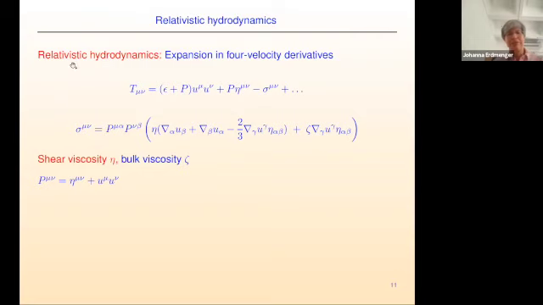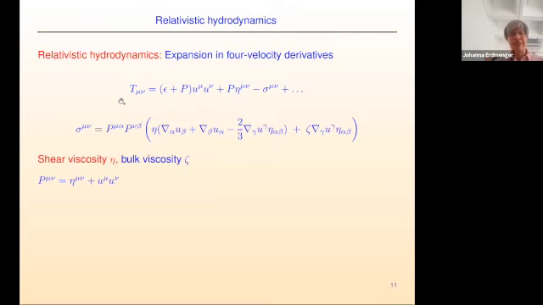So the point is that we can use relativistic hydrodynamics, and since we have these long wavelength fluctuations, we can expand in derivatives of the thermodynamical quantities like the temperature, the energy density, the pressure, the velocity of the fluid. So u is this relativistic velocity of the fluid, P is the pressure, E is the energy density. And if we had an ideal fluid, then the energy momentum tensor would look like this.